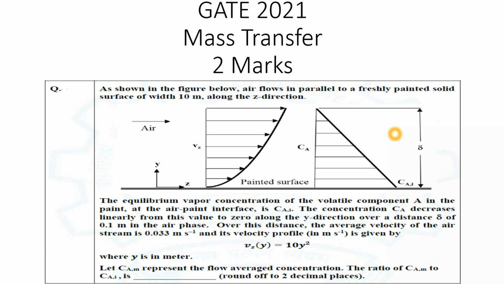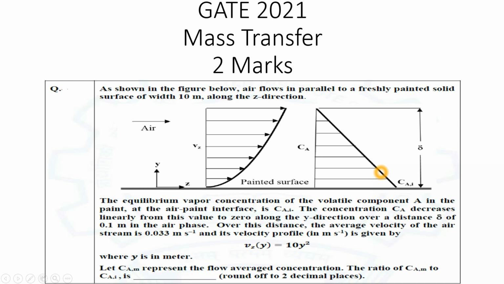Similarly, you can understand it as the concentration is maximum of this component at the surface of the painted wall, and the concentration is minimum at distance delta, and they have given delta as 0.1 meter. At 0.1 meter height, its concentration is 0 in the air stream.